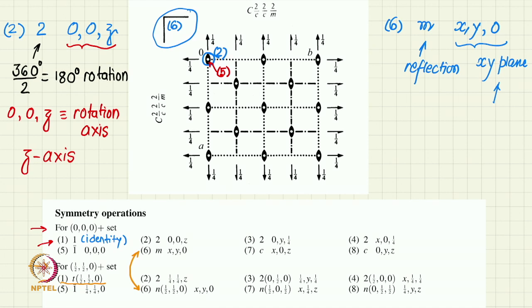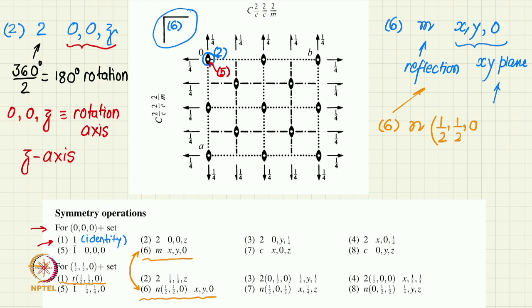So, the first block, the number 6 we have already seen here, is a mirror x, y, 0, but the same number 6 in the second block is being shown as a glide, and a glide operation is always associated not only with a mirror plane, but also with a glide vector.